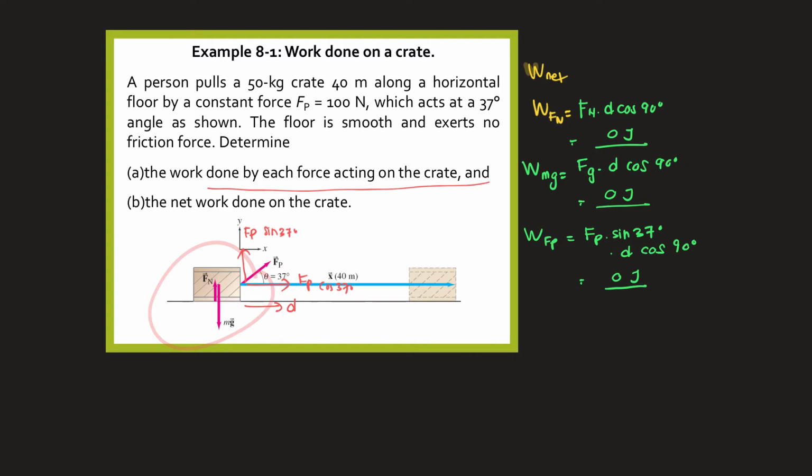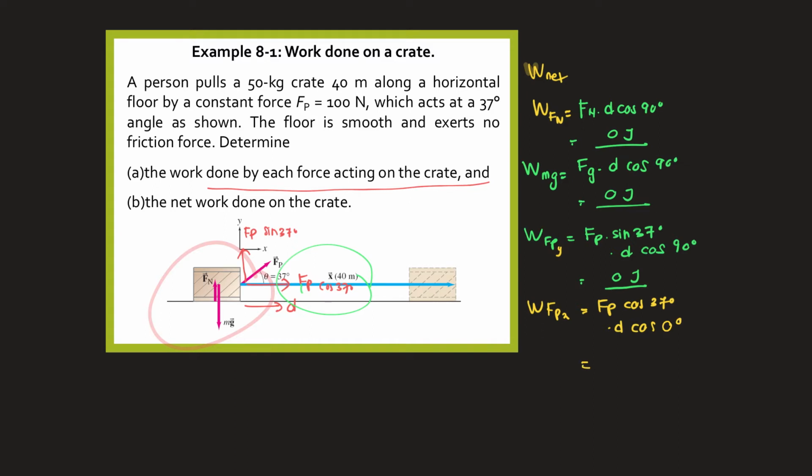Okay, and then the last one we have here is Fp cos 37 degrees. You can put it as Fp x, so it's going to be Fp cos 37 degrees, D cos 0 degrees.